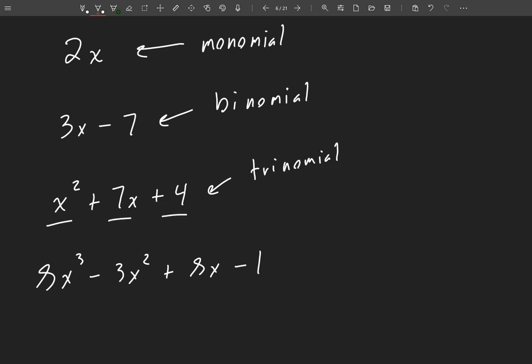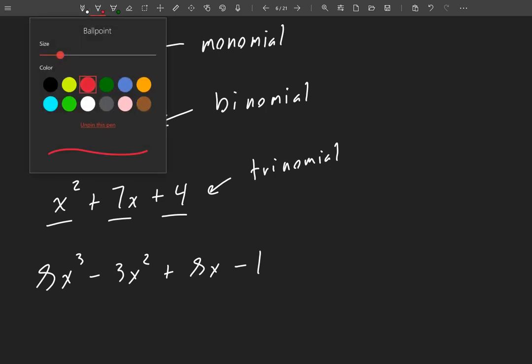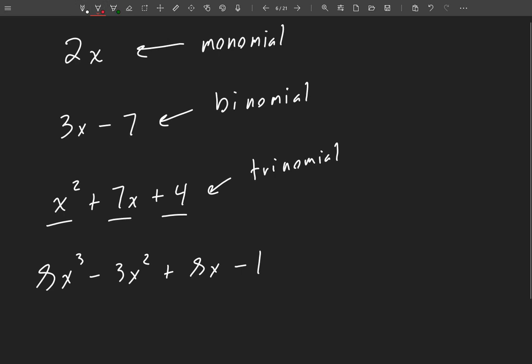Now, we called it a quadratic before, right? And that's still true. But let's be very clear here. We called it a quadratic because it had a square in it, right? And its highest power was a square, right? So that's what made it a quadratic, not the fact that it had 3 parts. So while this is a quadratic, because it's a square, it's also a trinomial because it has 3 parts to it.